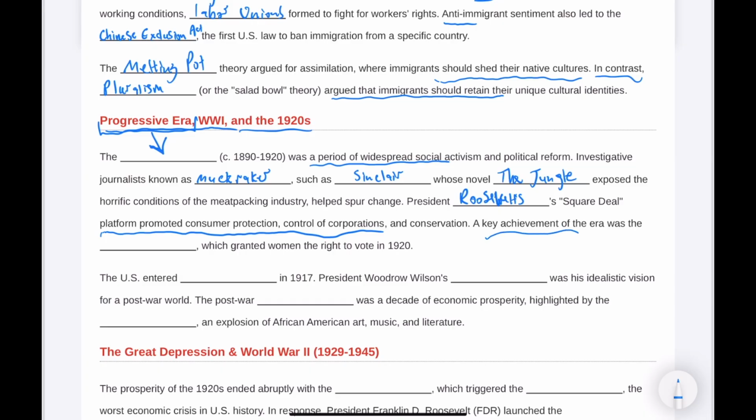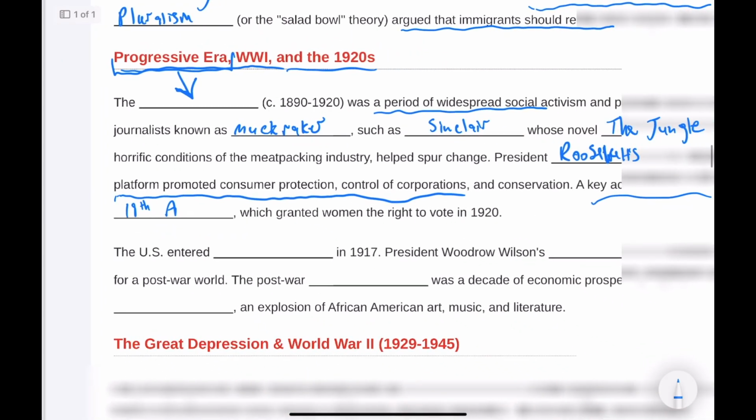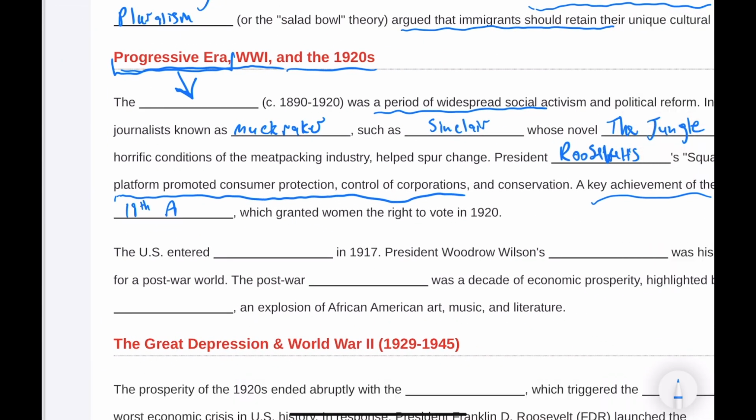A key achievement in the era was the blank, which granted women the right to vote in 1920, and that was the 19th Amendment. So if you receive a question on test day about which amendment granted women the right to vote, that was the 19th Amendment.